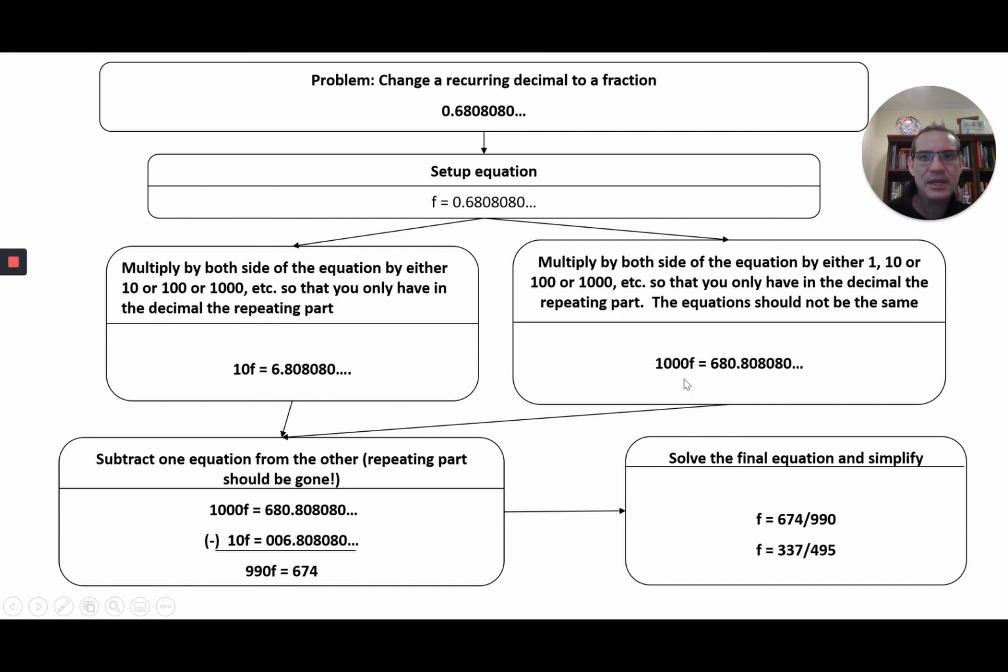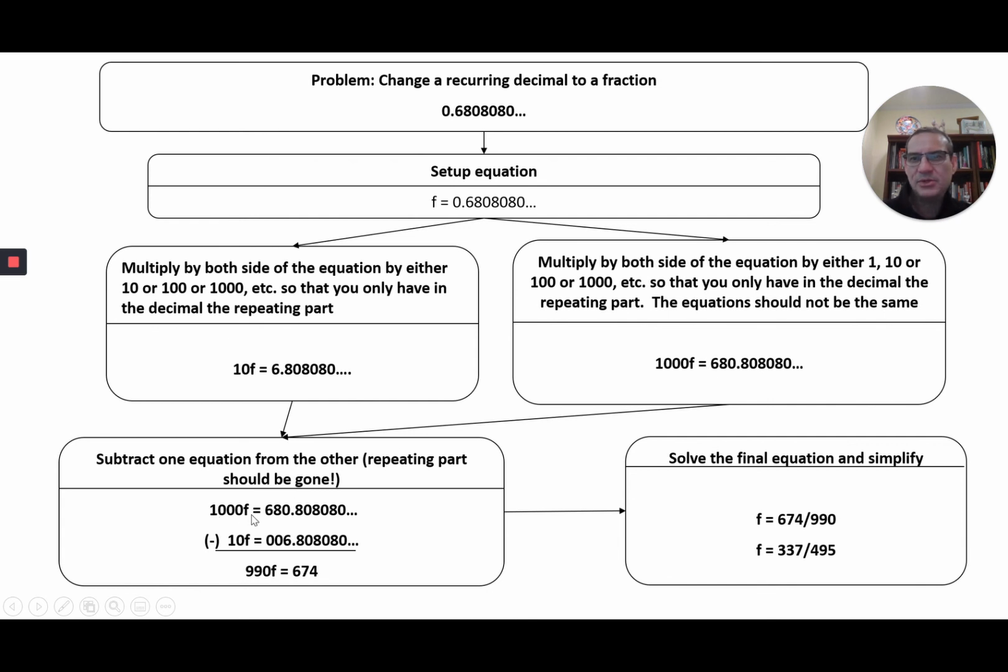So it's 1,000f equals 680.808080, and so on. Now I need to subtract. In the other problem, I subtracted this minus that because the bigger number was on this side. In this case, I will use this one, the bigger number. It doesn't matter, you're just going to get a negative number if you do it the other way, so it's easier to do it from the bigger one.